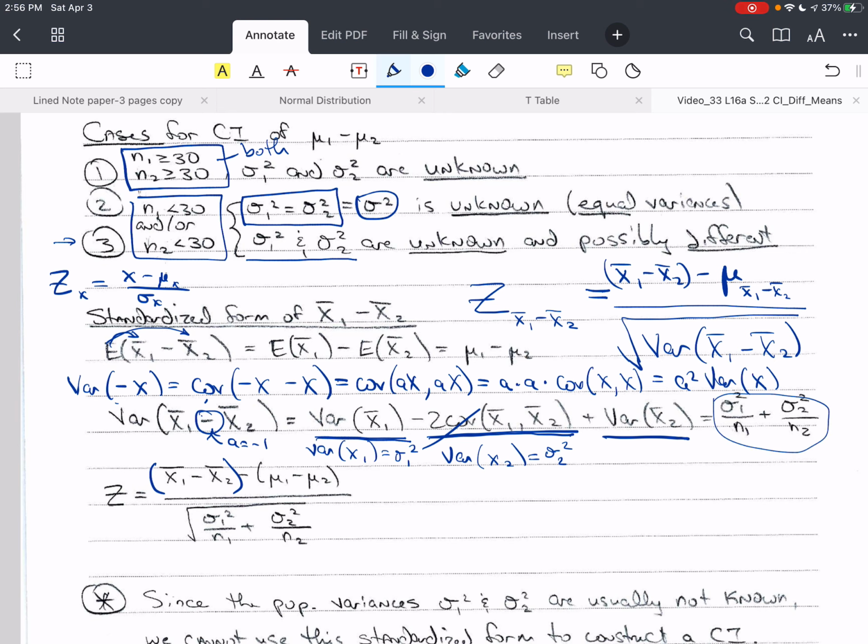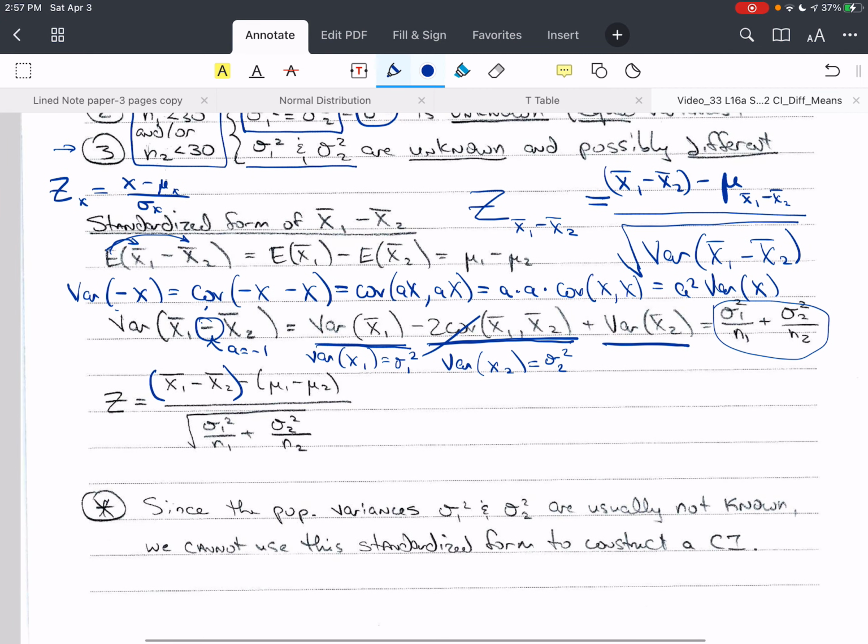Just remember that the square root of sigma 1 squared over n1 plus sigma 2 squared over n2 is not equal to the square root of sigma 1 squared over n1 plus the square root of sigma 2 squared over n2. Those are not equal, and you can plug in a few numbers and show that that is certainly not true. So please don't do that. That is an awful thing to do, and we'll get you quite a few points deducted.